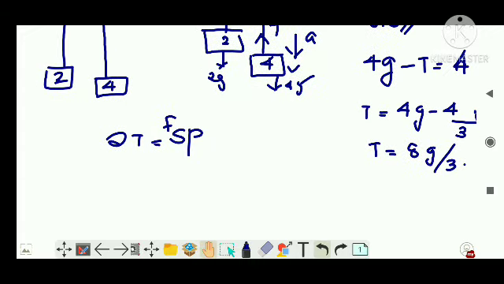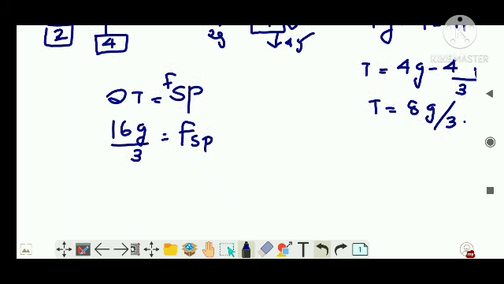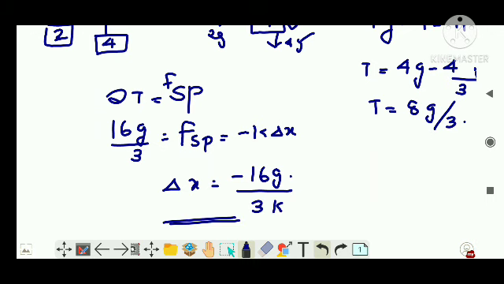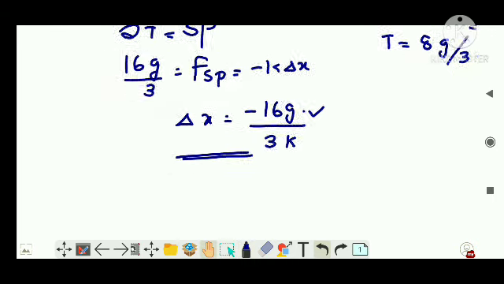What is 2T? 2 into 8g by 3, that is 16g by 3 is FSP, right? That is, in place of FSP I can write minus k delta x, or delta x is equal to minus 16g by 3k, right? This is the displacement of that spring. Simple, right? Now let's move on.